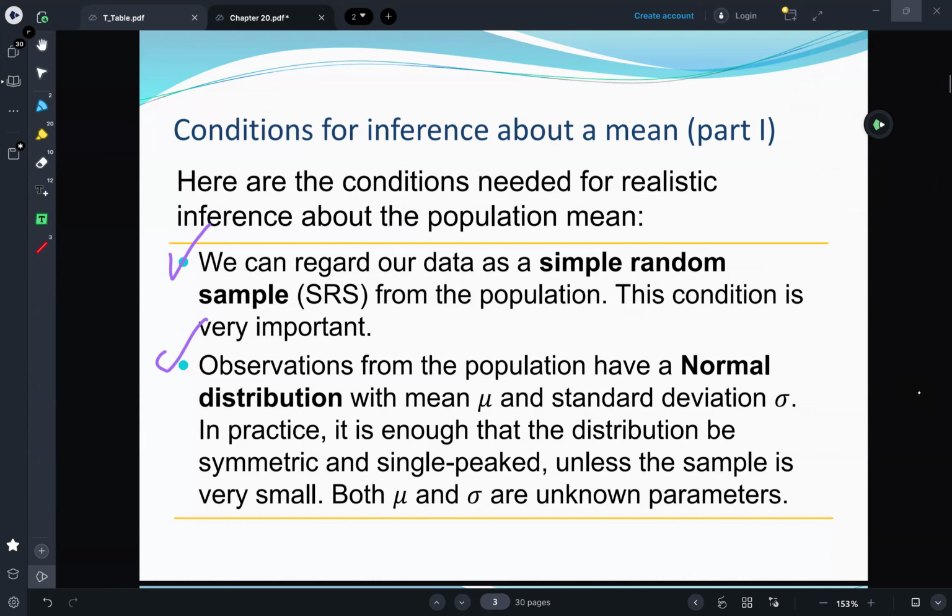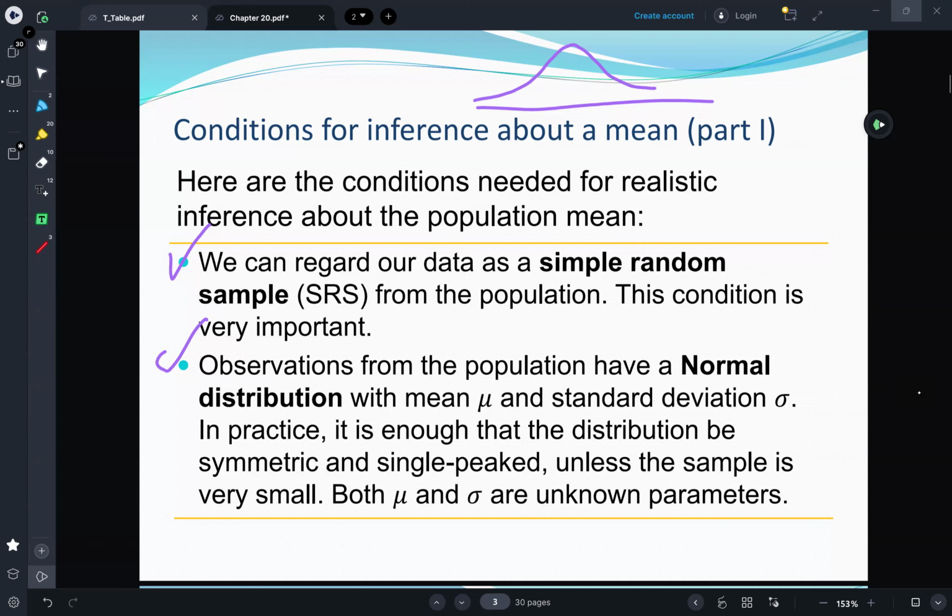So in practice, it is enough that the distribution be symmetric and single peaked. So if it's symmetric and single peaked like that, it's fine, unless the sample is really, really small.